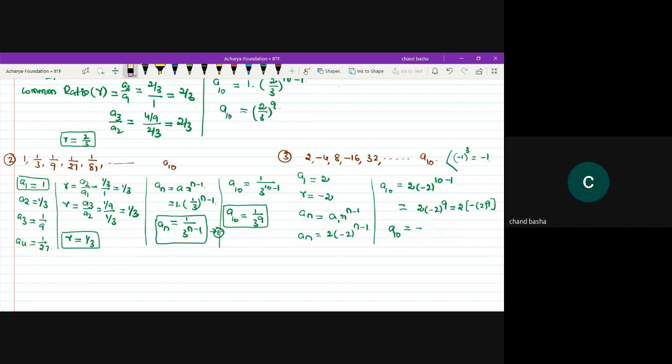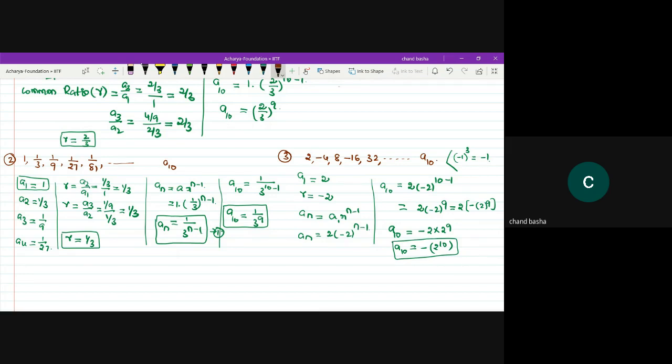Okay. That is minus 2 power 10. Yes, sir. You wrote 2 power 10, minus 2 power 9, that is equal to minus 2 power 10. Yes, sir. Starting you wrote 2 power 10, sir. That's why I got confused. No, minus is outside. Already I have written minus outside and 2 power 10.